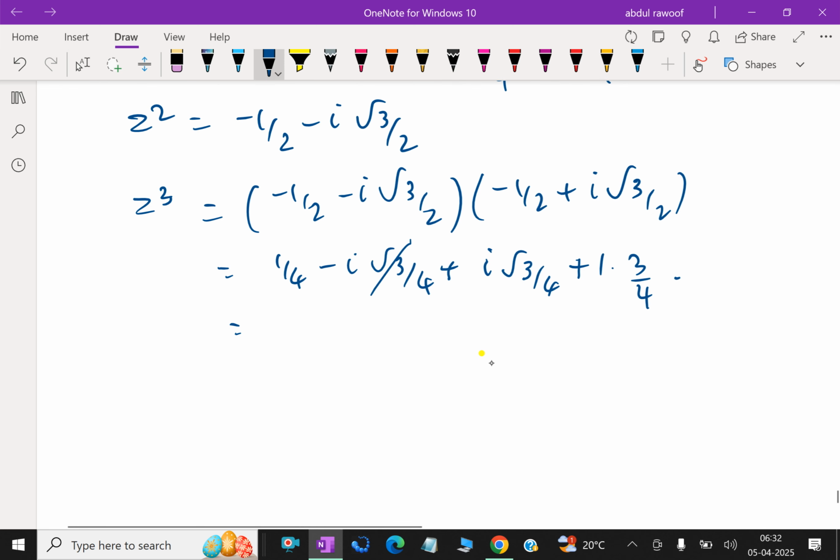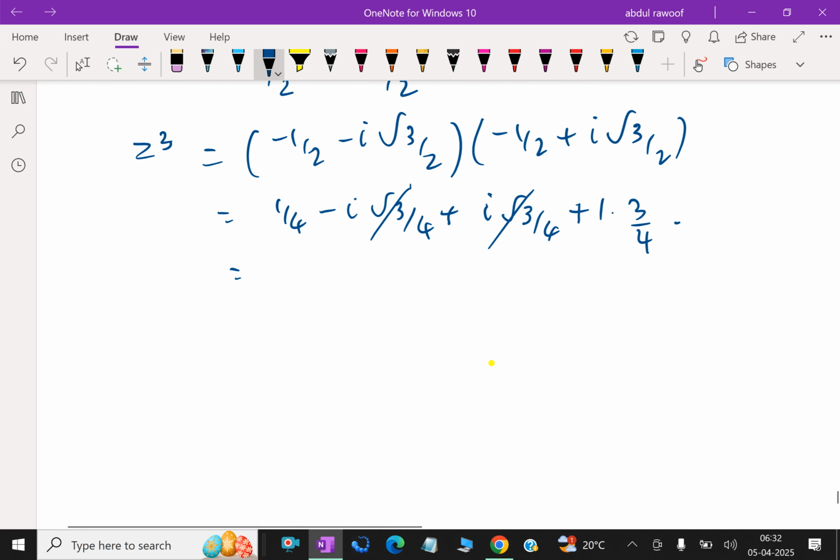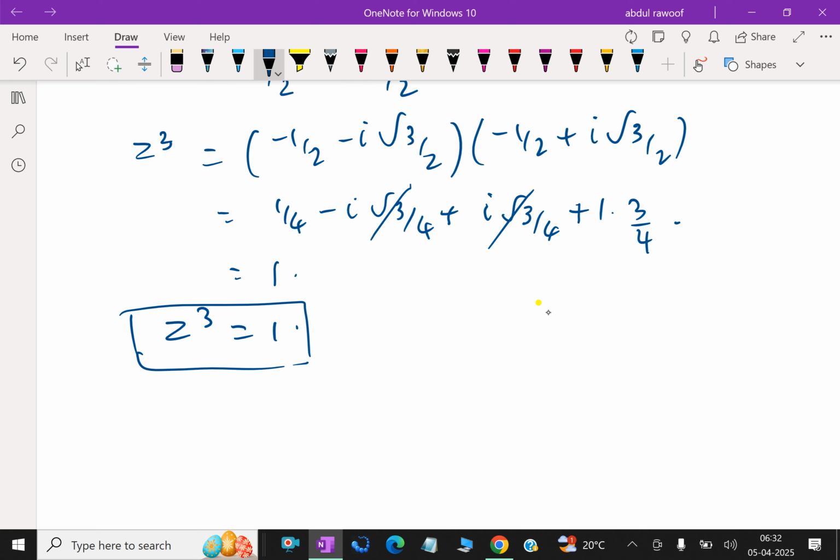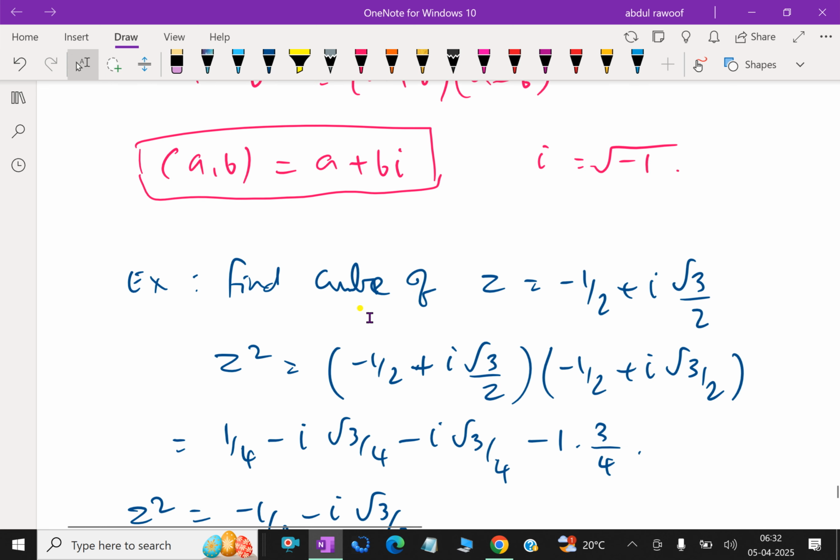Now these both cancel, then quarter plus 3 quarters is 1. Now we got it: z cube equals 1. From this, z cube equals 1 means the cube root of 1 is these original things. We can discuss the cube roots of 1 in future videos.